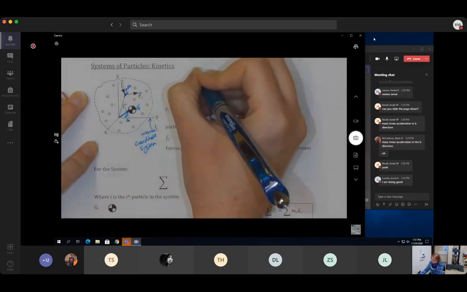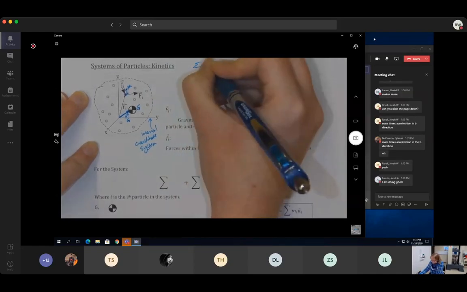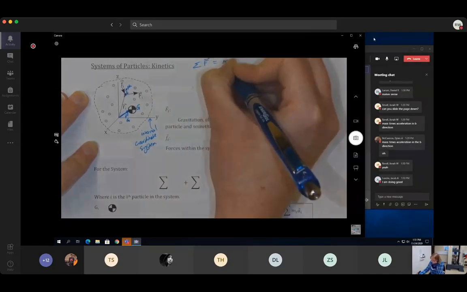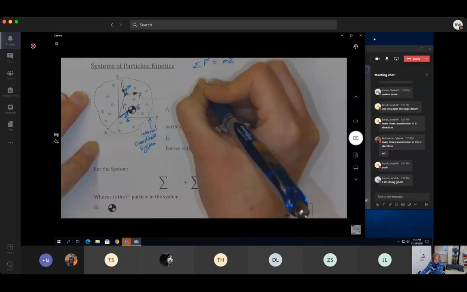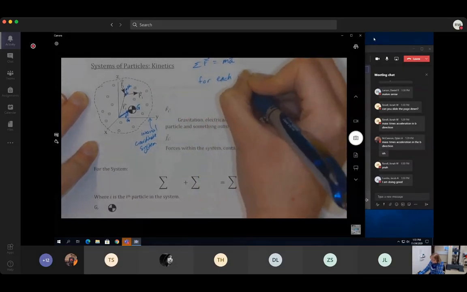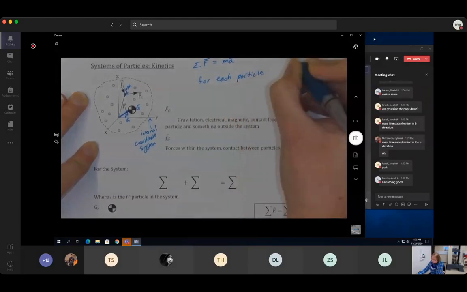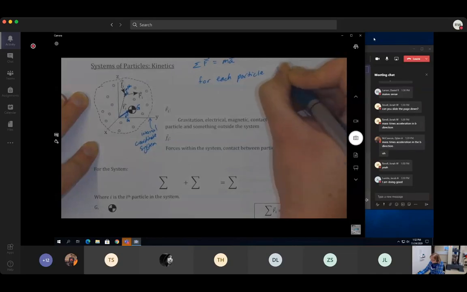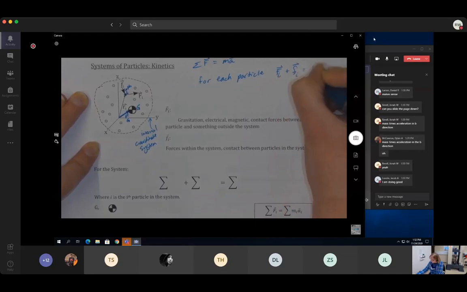And so, as usual, we apply Newton's second law. For each particle, we can sum the external forces and the internal forces and find out how that particle will accelerate.